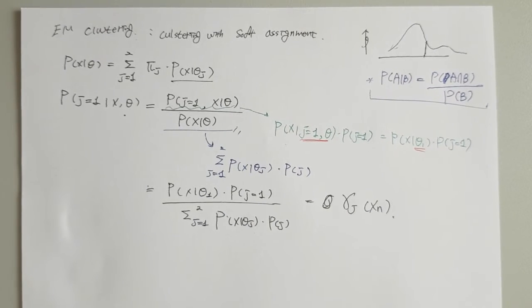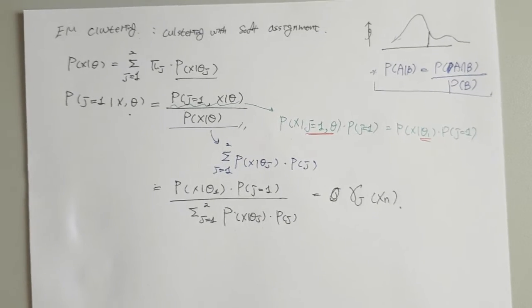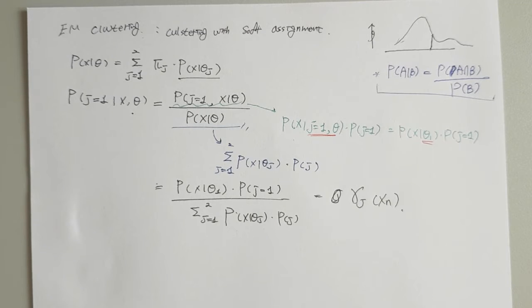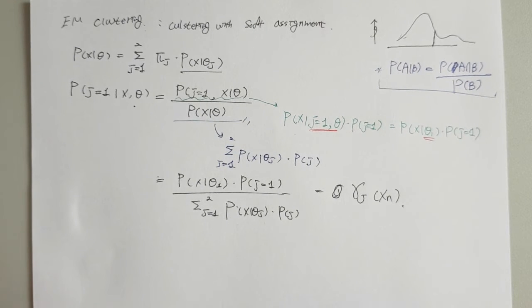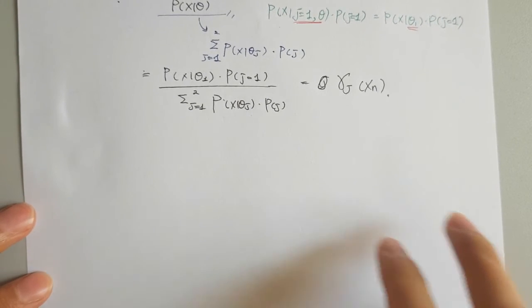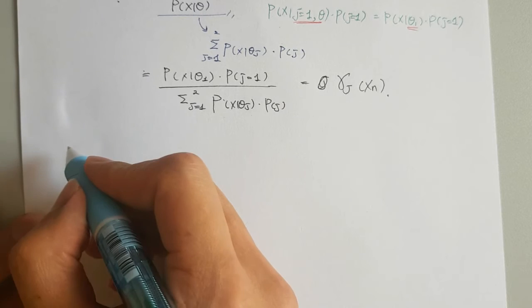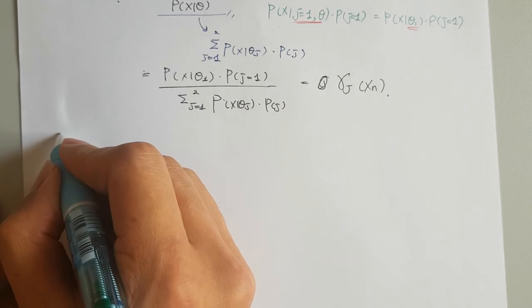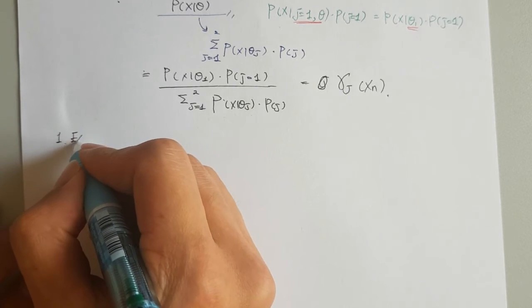So now we finally calculate how we can get the responsibility by theoretical probability theory. Now, really, finally, I'm moving into the algorithm of EM. Firstly, there is the expectation step.